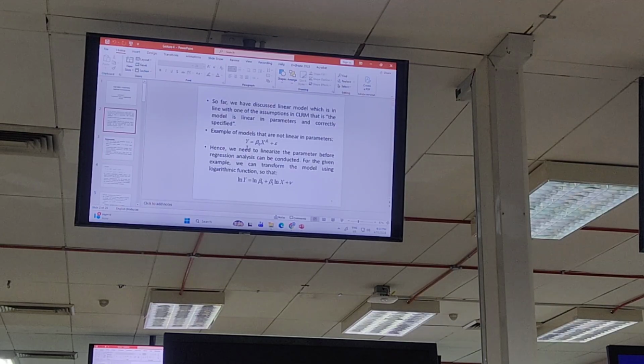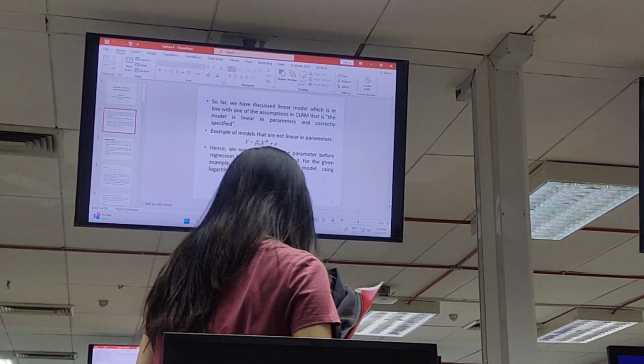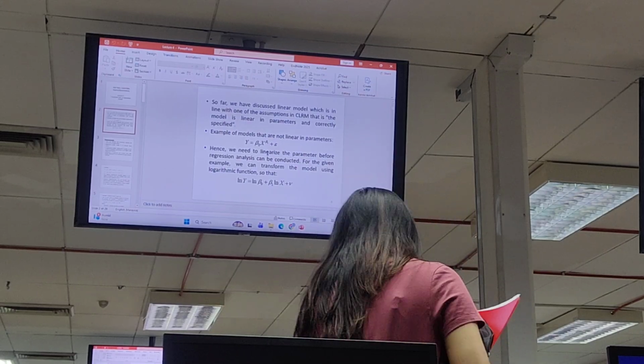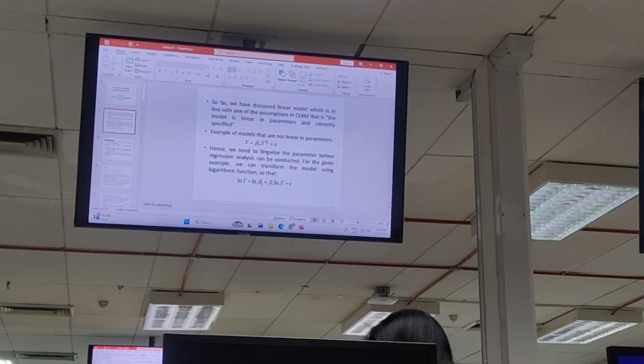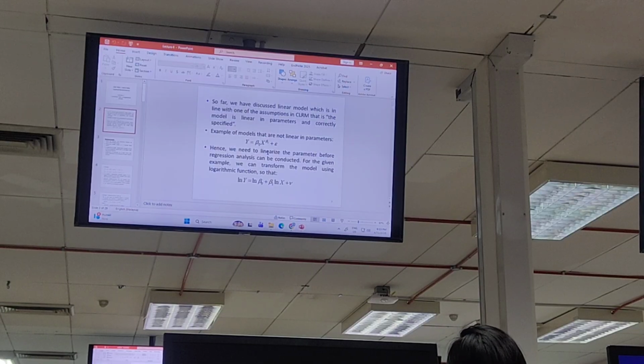So in this one, the relationship between y and x is not linear. Linear is just like a straight line, so meaning that you have two variables, y and x, something like this. So this is linear: you have beta 0 plus beta 1 x. So linear is like a straight line, and the relationship between y and x is a linear function.